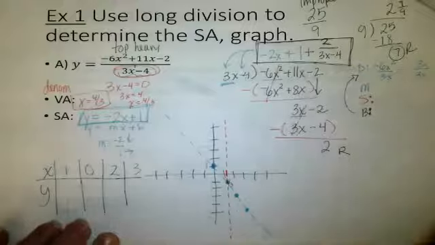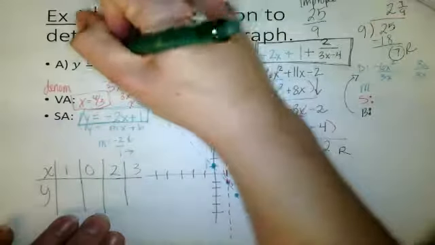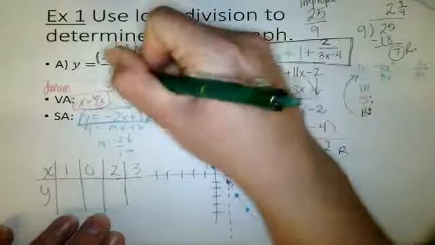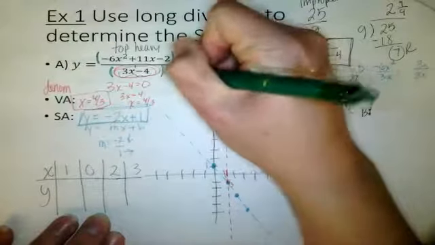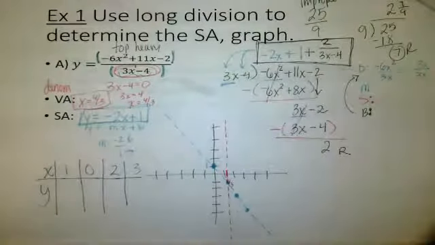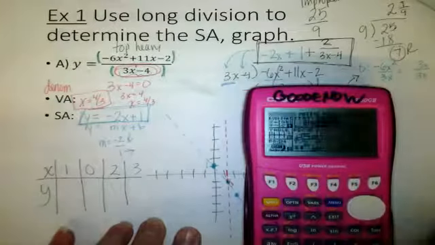And again, I am going to plug this into my calculator, so we want to make sure that we put parentheses around the numerator and parentheses around our denominator, just so we do it correctly. I use the Casio this time. So I'm going to go to my graphing menu.